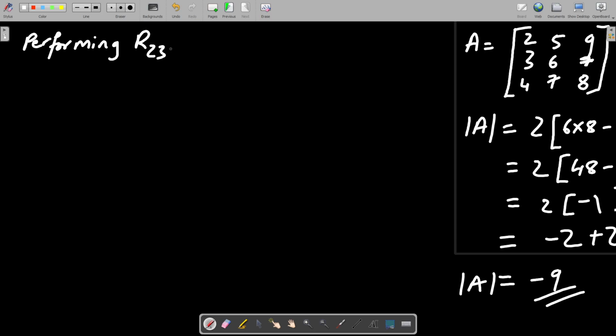Performing R2, 3, we get a new matrix, so we'll call it A tilde, not A dash, since A dash is something else. Tilde is this symbol, like a curved hat.